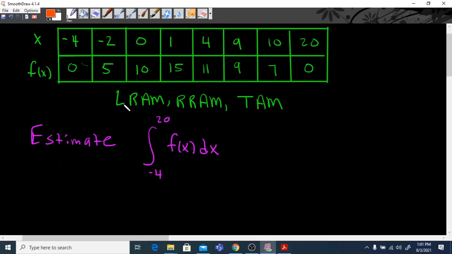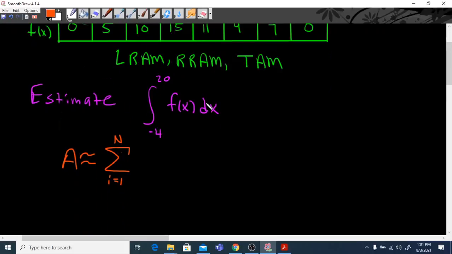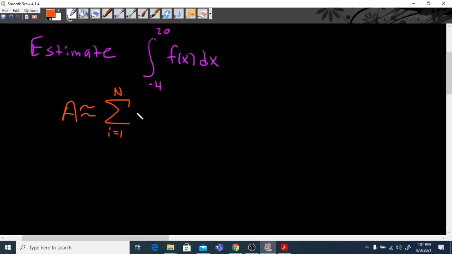Remember, the area is approximately the sum from i equals 1 to n, and this time we're going to specify how many rectangles we have. We take the y value and multiply it by the corresponding width.